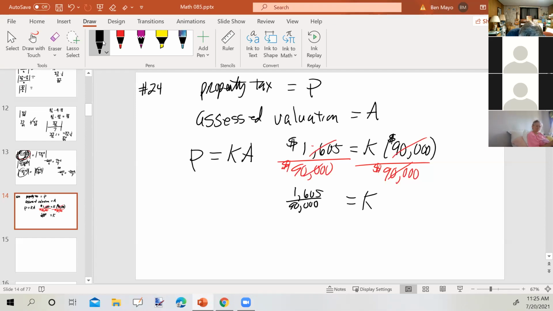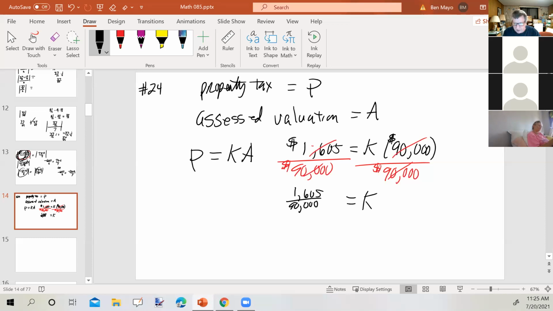I can get rid of the dollar signs. And I could reduce that down. For instance, I could take 1605 divided by 5, right? And 90,000 divided by 5. But they're not really asking me to find K, so it's not critical for me to reduce it down to its simplest answer. Okay. I'm just going to use that whole big number.